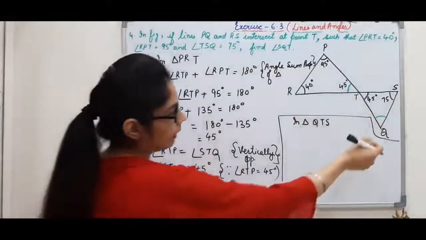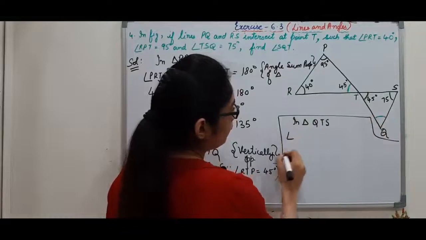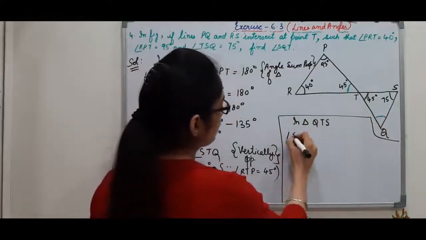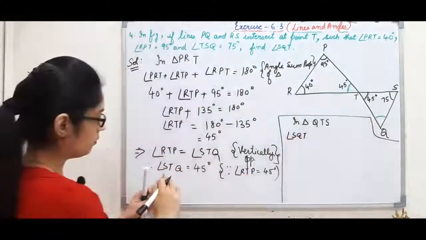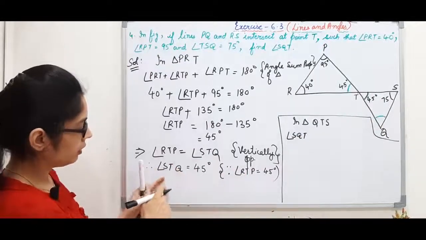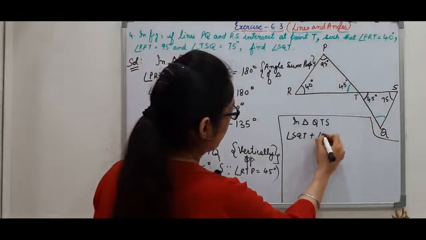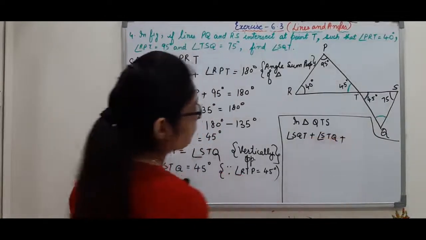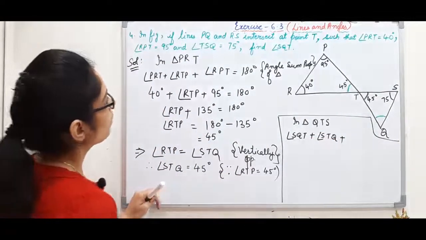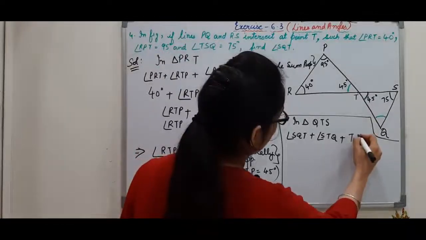So in this triangle, angle SQT, and STQ, which we have already found, plus the third angle, which is TSQ.